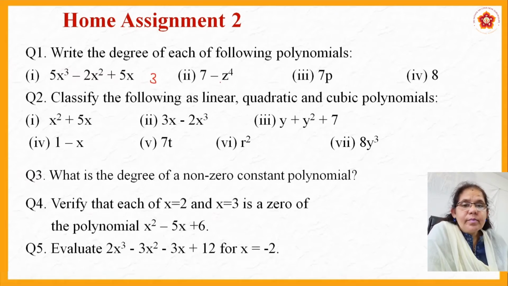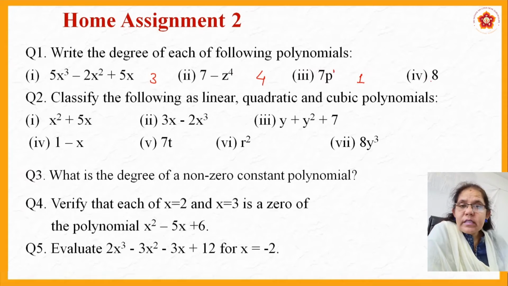In second part, z is the variable and degree is 4 because exponent of z is 4. In third part, p is the variable, degree of this polynomial is 1 because exponent of p is 1.